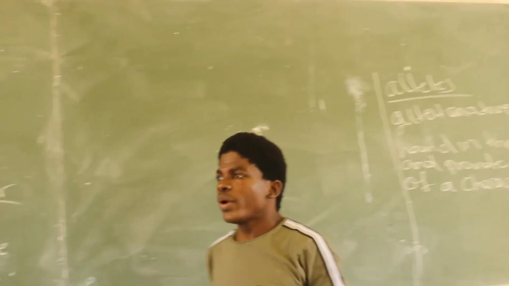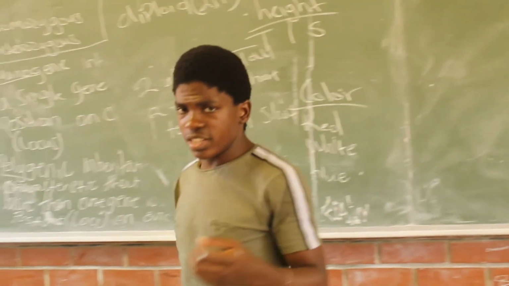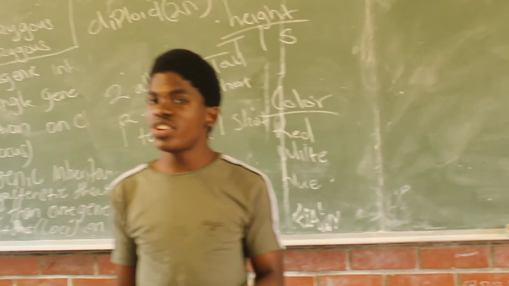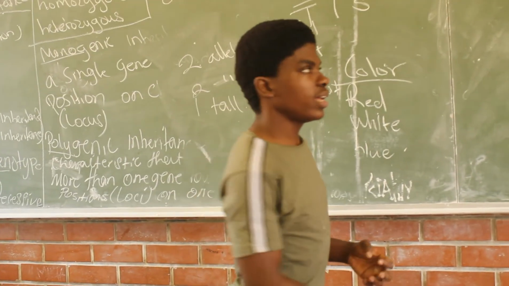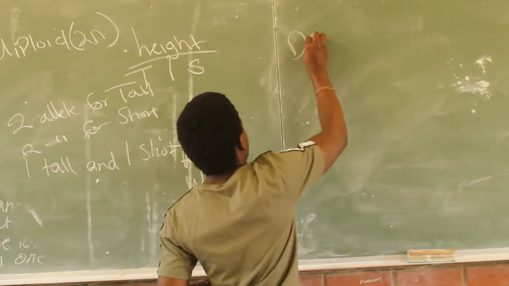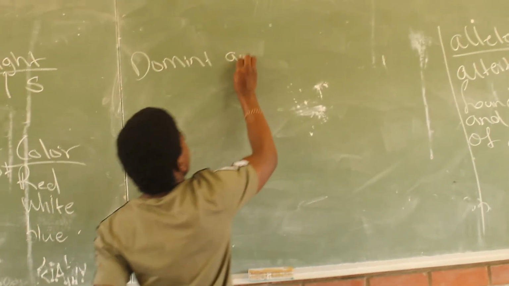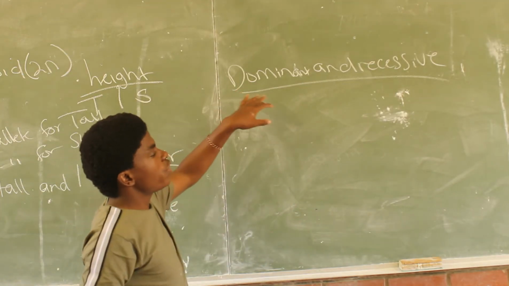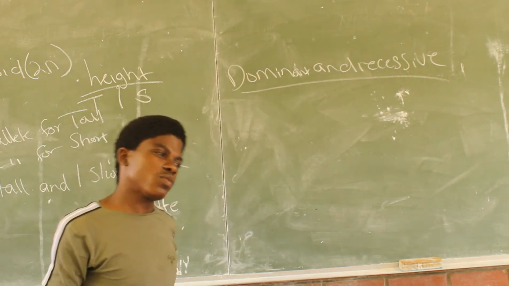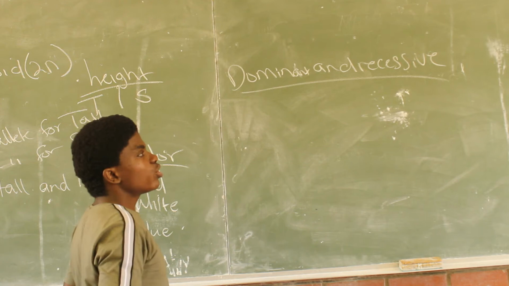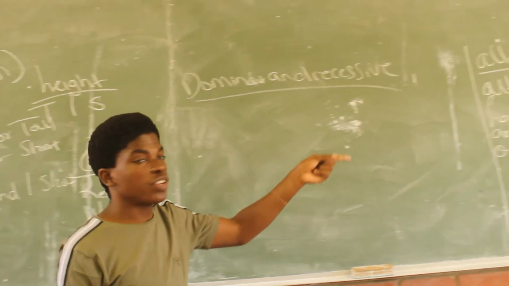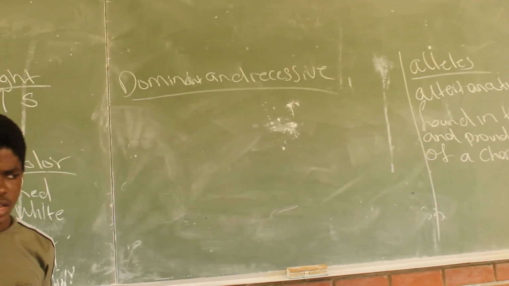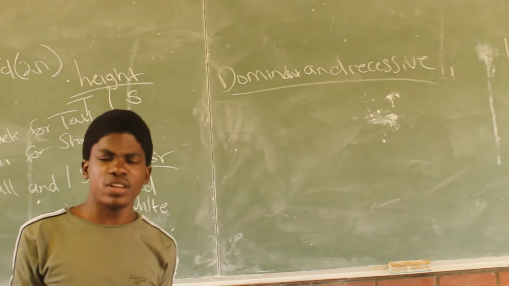Alleles can be dominant or recessive. The alternative forms of a gene can either be dominant or recessive.